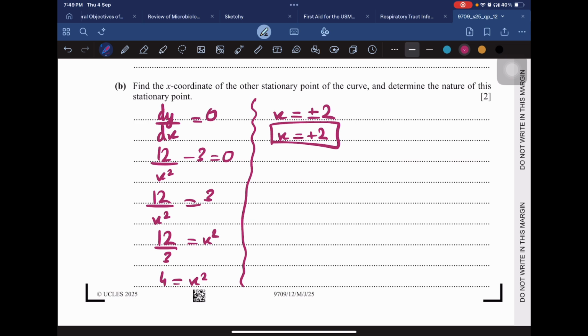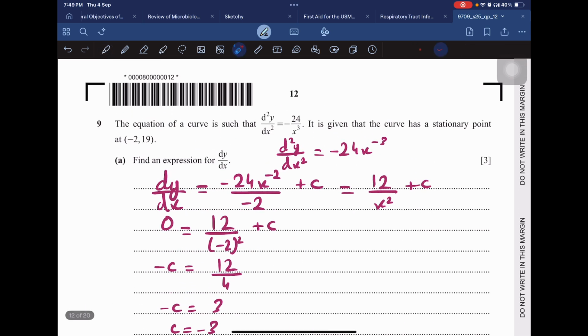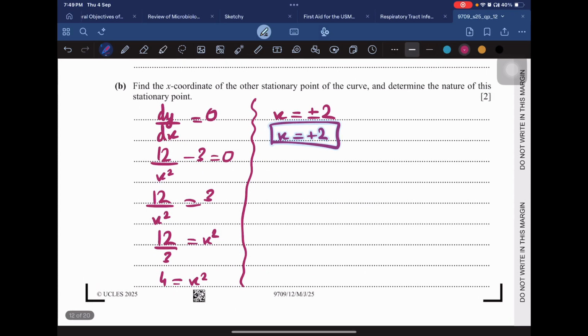And then they've also asked us to determine the nature of this stationary point. They've given us d square y over dx square already, the expression for that: negative 24 upon x cubed.